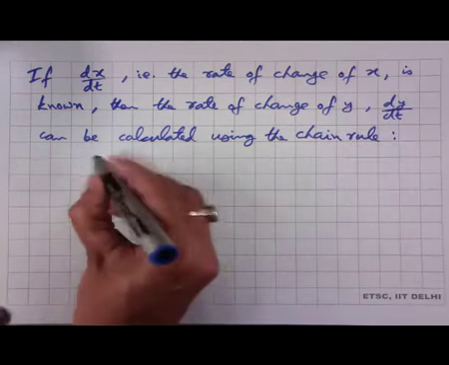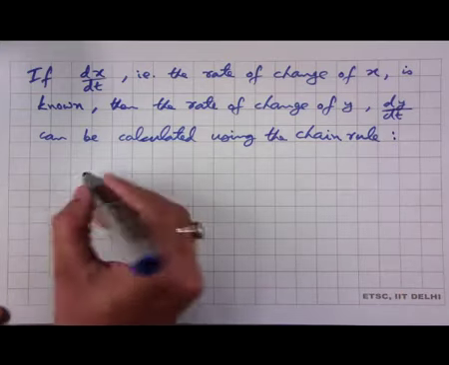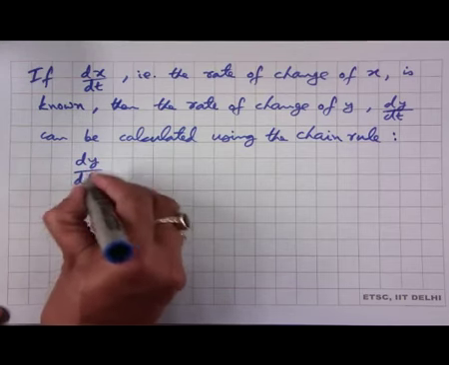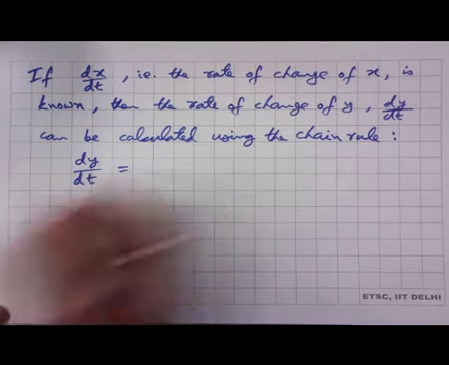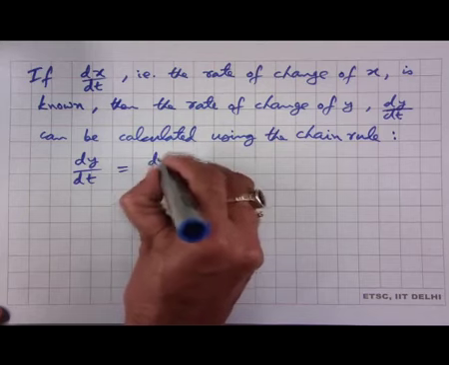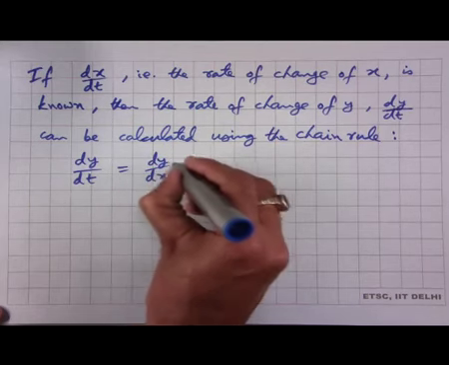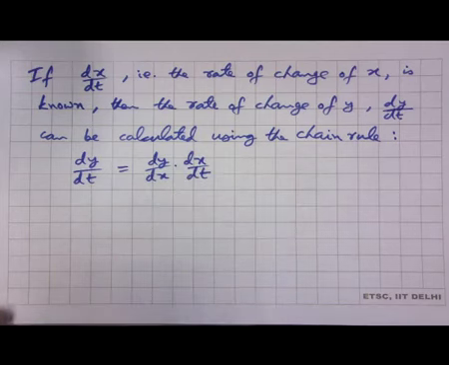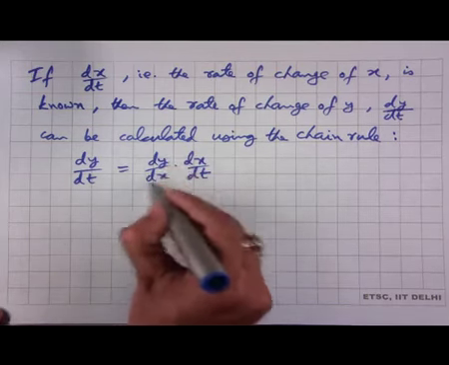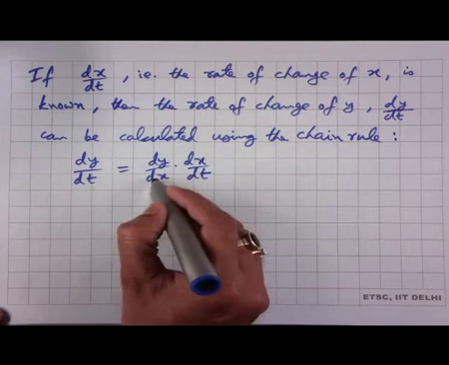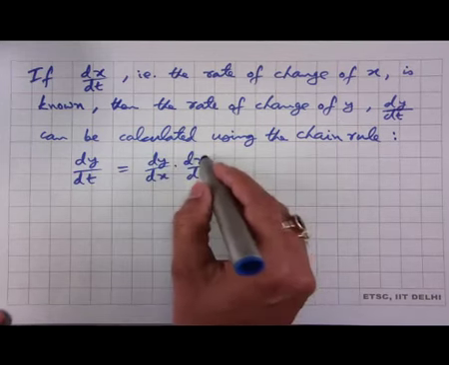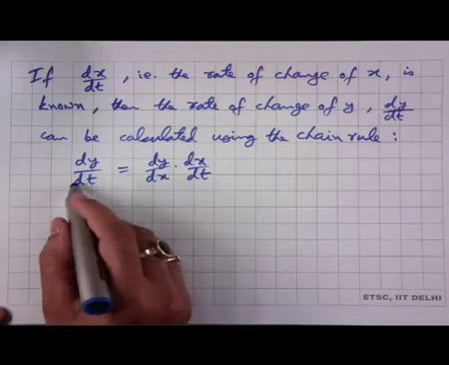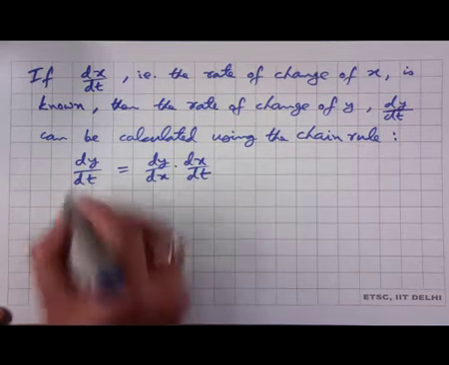We know that y is given as a function of x. So, dy dt by chain rule can be written as dy dx times dx dt. So, if y as a function of x is known, we can calculate dy dx, and dx dt is the rate of change of x which is assumed to be known. So, then dy dt can be calculated.